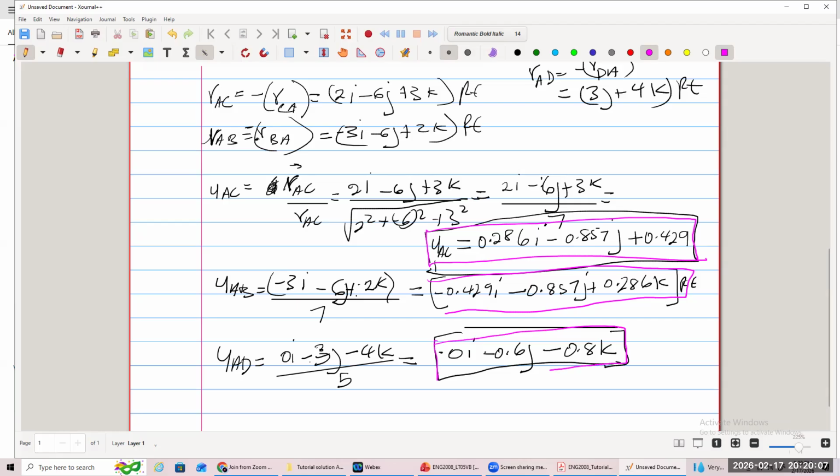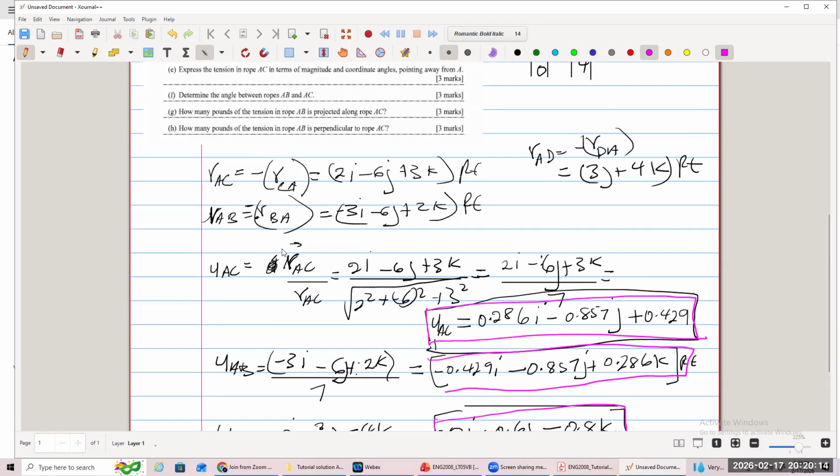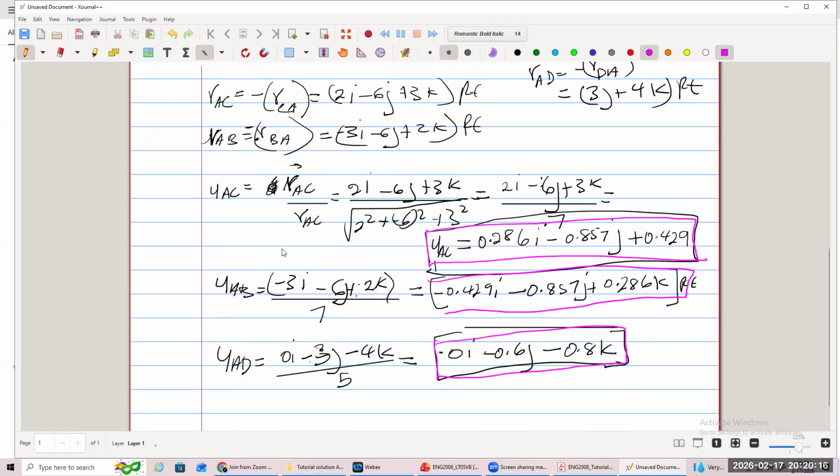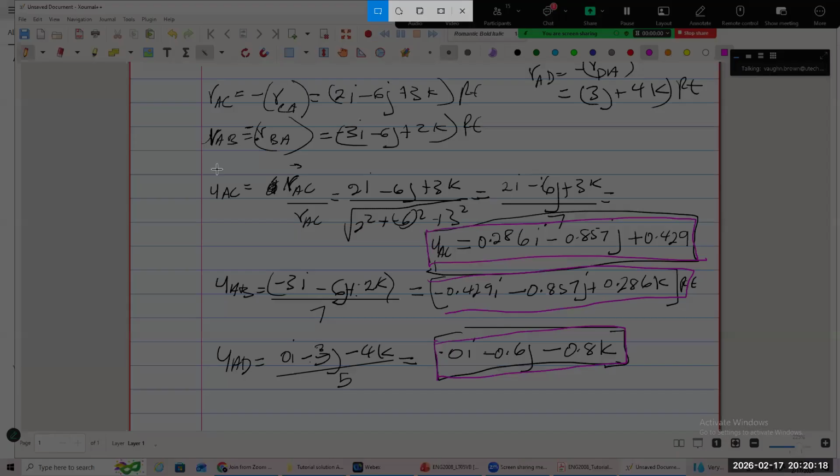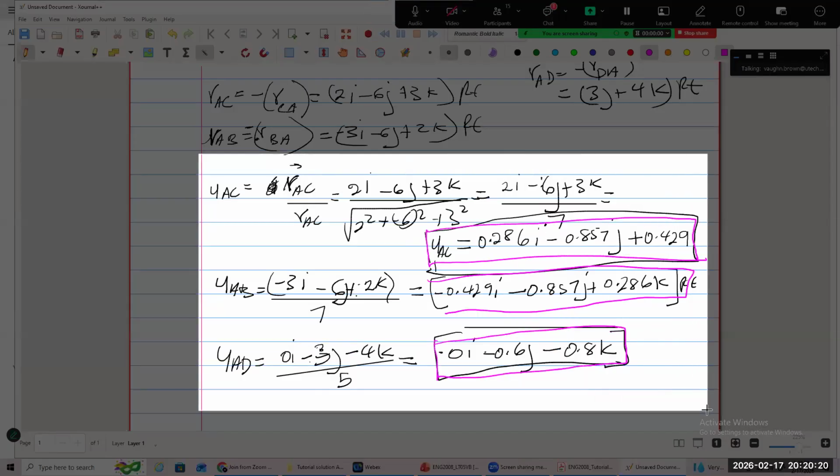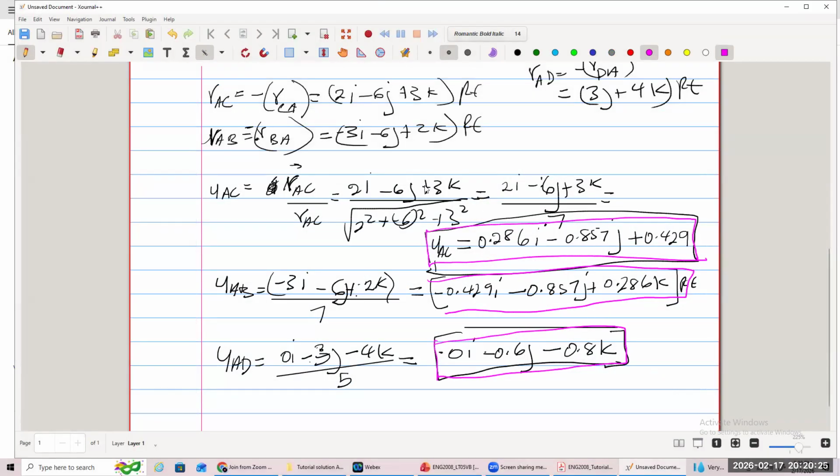So from that, you're going to put them in each line. Now you're going to apply the formula for each line. We have all three unit vectors of the three lines.